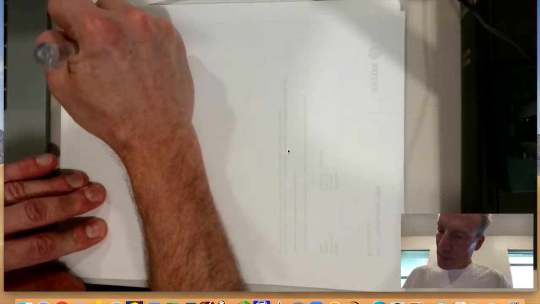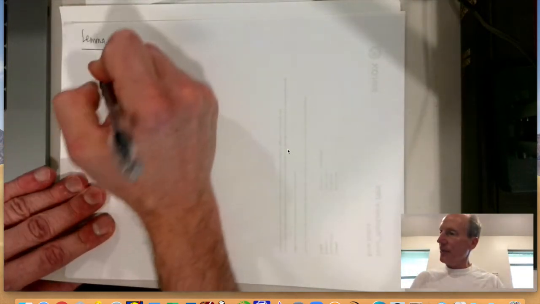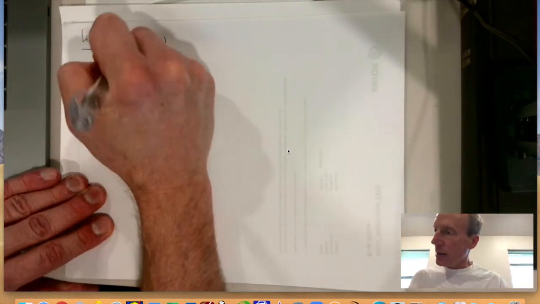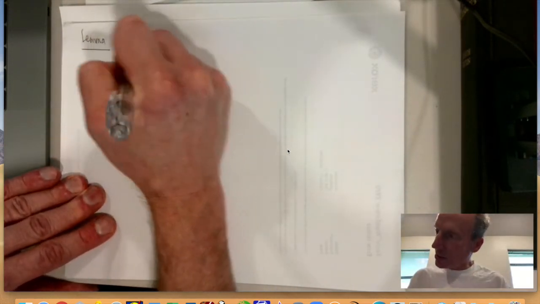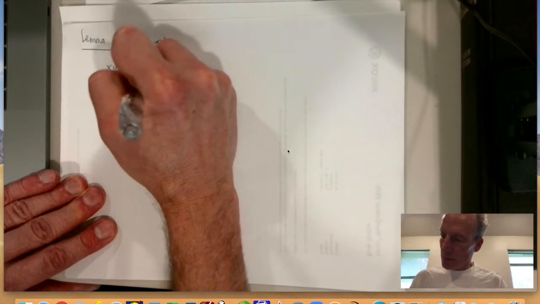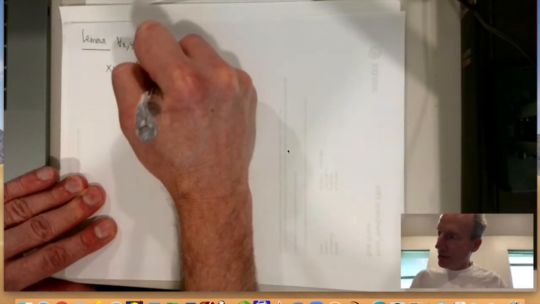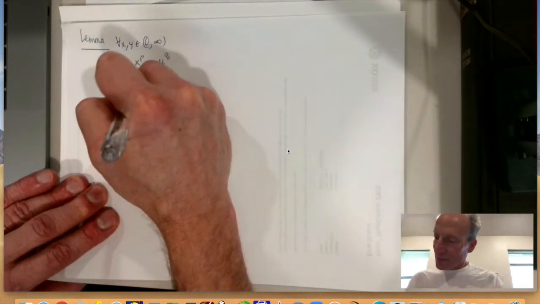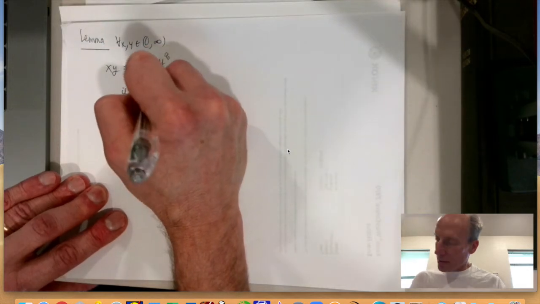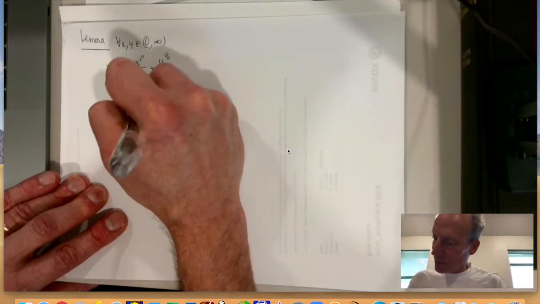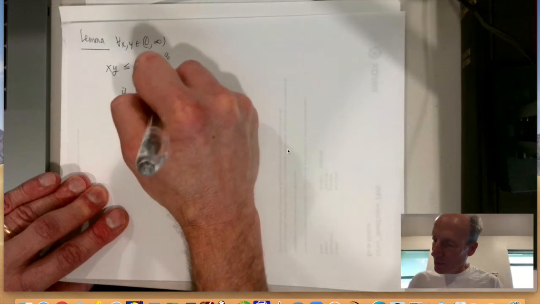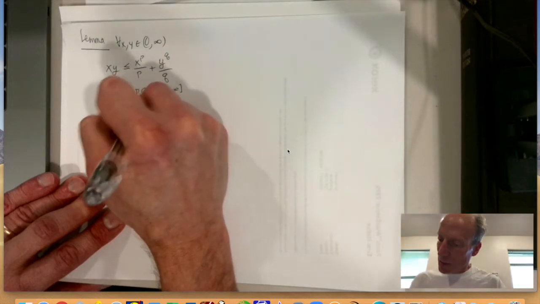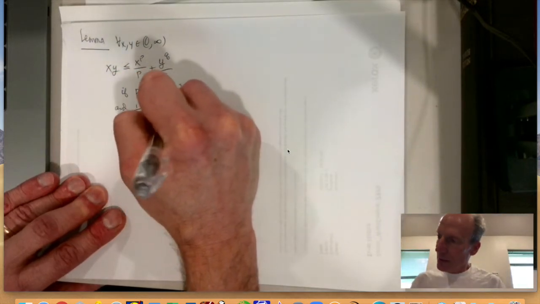Well, here's a lemma, and this is just a real number lemma. For all x and y in [0, infinity), x times y is less than or equal to this gizmo, if p and q are in the interval [1, infinity], and 1/p plus 1/q equals 1.